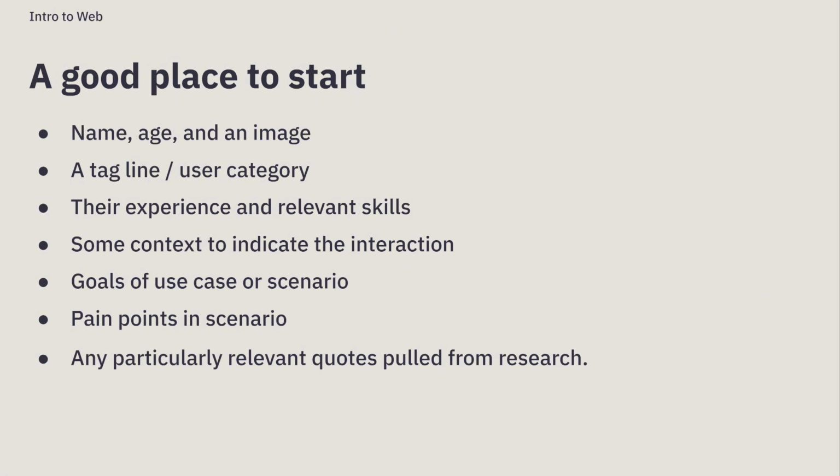Some context to indicate the interaction that they'll have with the scenario or product that you're designing. Goals or the use case. Pain points specifically, oftentimes you'll get pain points out of your research. Those are important to include. And if you have any particularly relevant or telling quotes from your interviews, those are a great thing to put into your user personas.